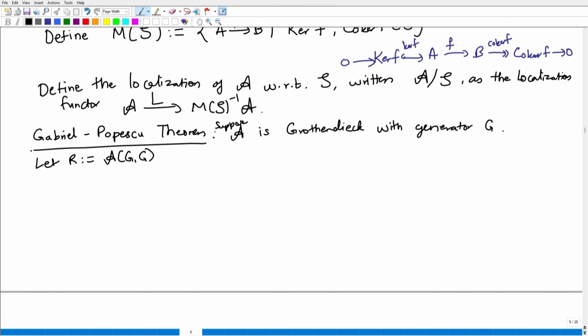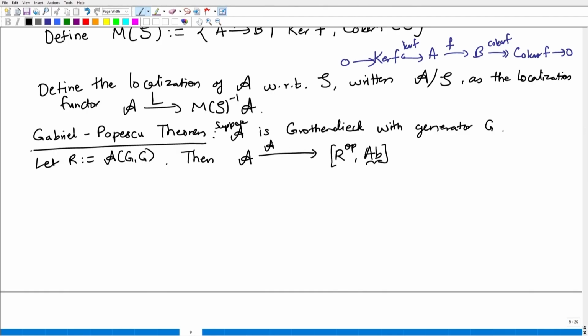It's a single object pre-additive category, so it's a ring. So I can talk about modules over this ring. Then A to the category of right modules, which I can write as this functor category.